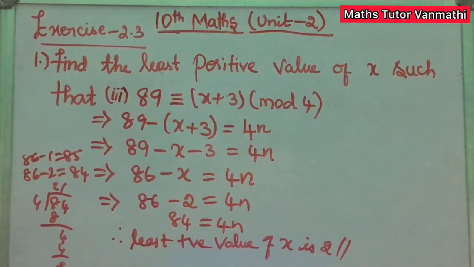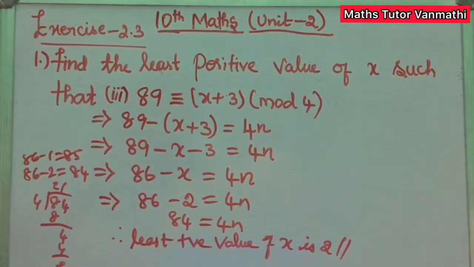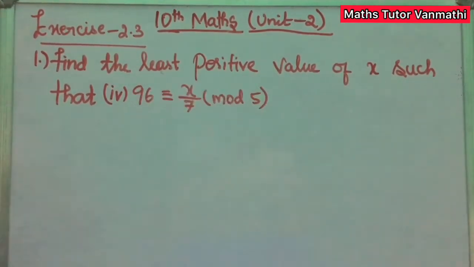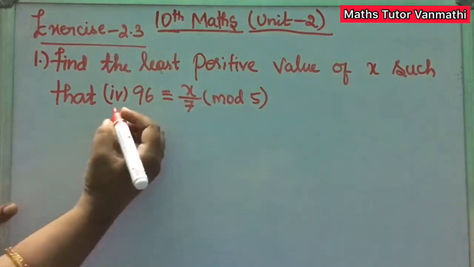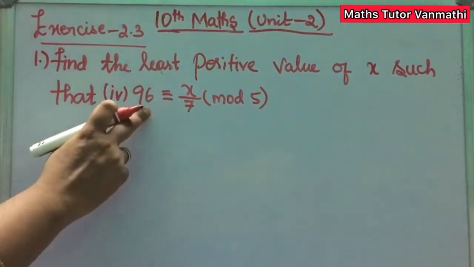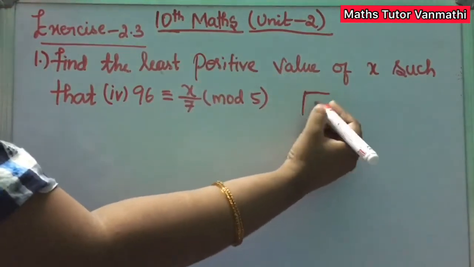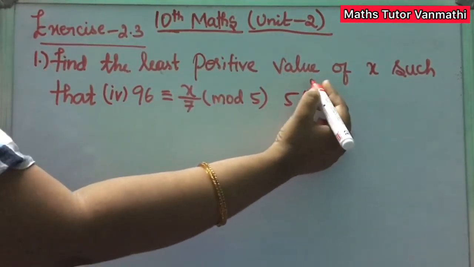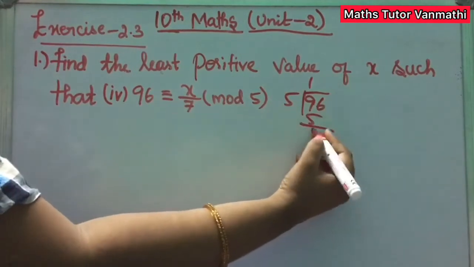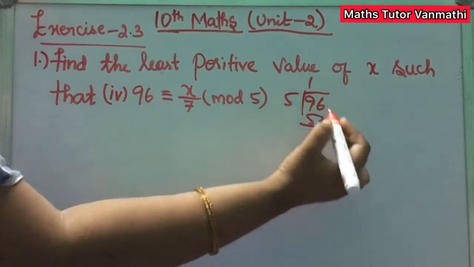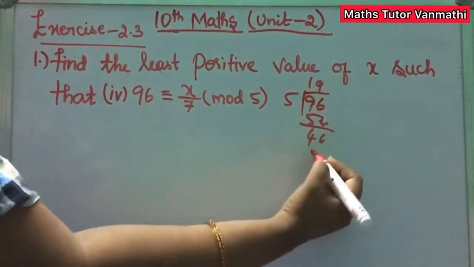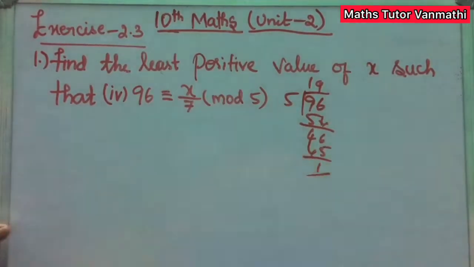Clear? Next problem. The fourth subdivision is 96 is congruent to x by 7 mod 5. Further, we can directly divide this 96 by this 5. On dividing, what will you get? 96 by 5. 5 1s are 5, remainder 4, and this 6. 5 9s are 45, and you will get the remainder 1.